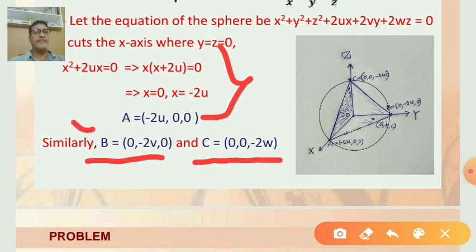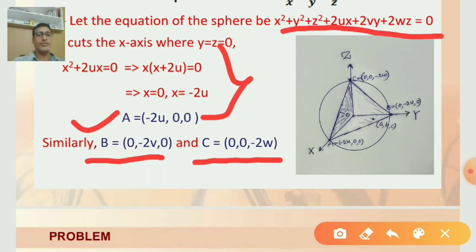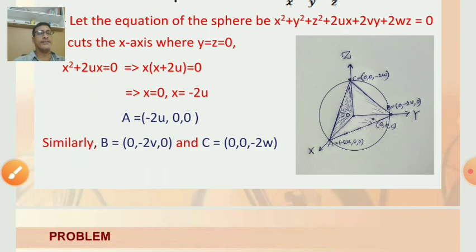If you want to find the point of intersection of the sphere with the y-axis, you know that on the y-axis the value of x is 0 and the value of z is 0. By substituting x equal to 0 and z equal to 0 in the standard equation of the sphere, you get y square plus 2vy is equal to 0, and then y is equal to minus 2v. Therefore, B is (0, minus 2v, 0) and C is (0, 0, minus 2w).